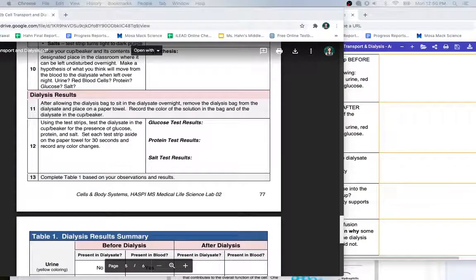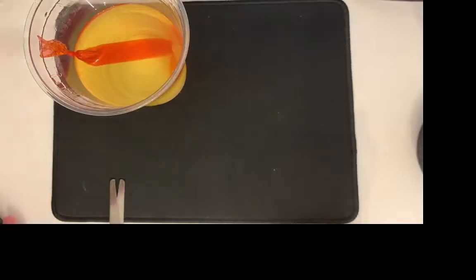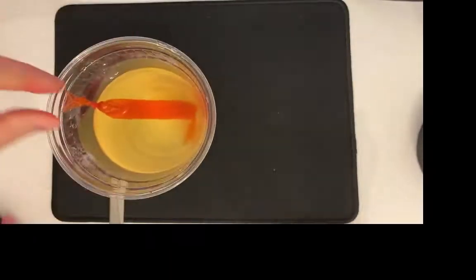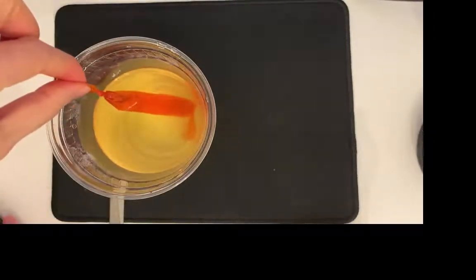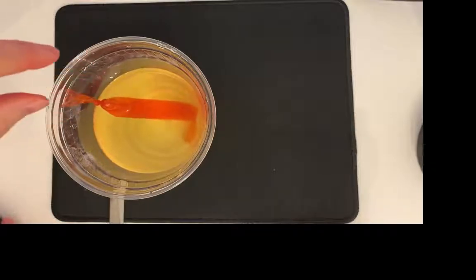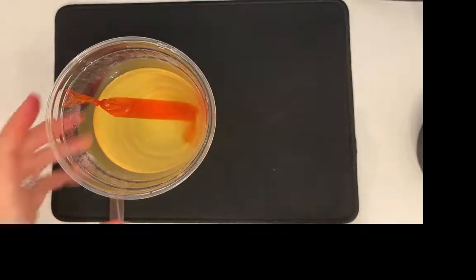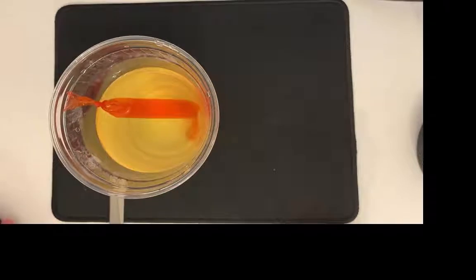Okay, it's been 24 hours, and here is our blood in our baggie. It's not a blood cell, but it's blood in a baggie. And here is our dialysate, and you can see it used to be clear, but now the dialysate is yellow.